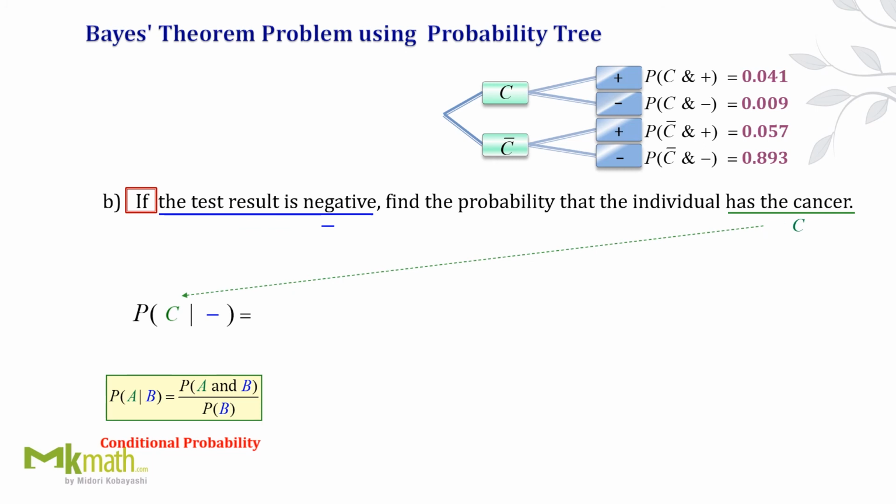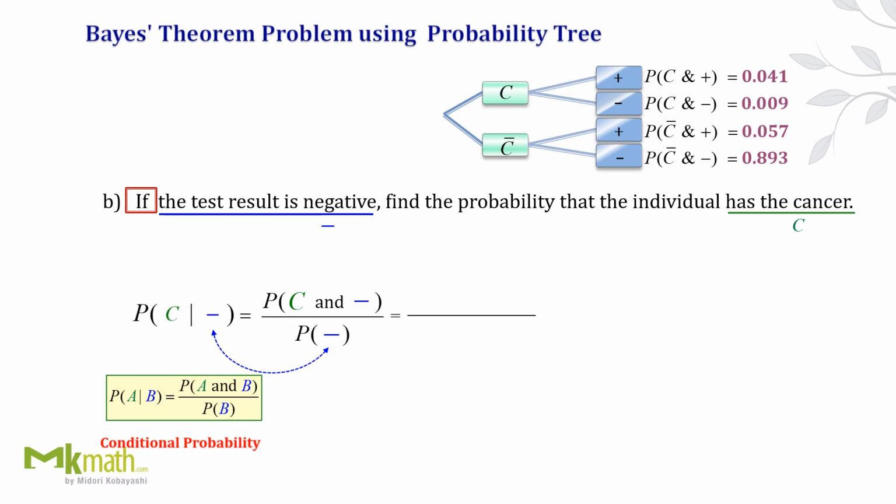Apply the conditional formula for this question to get the joint probability of C and negative on the numerator, and place the probability of negative on the denominator. For the joint of cancer and negative, we have already calculated 0.009 in the tree diagram.